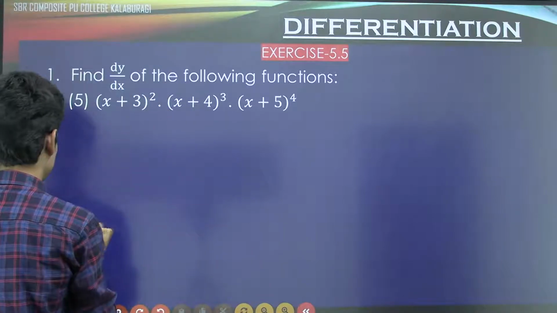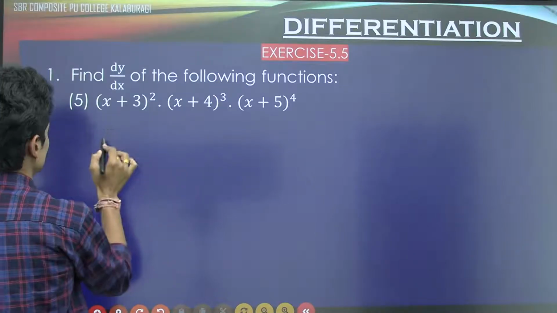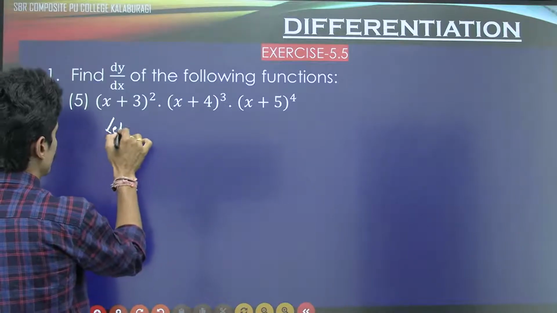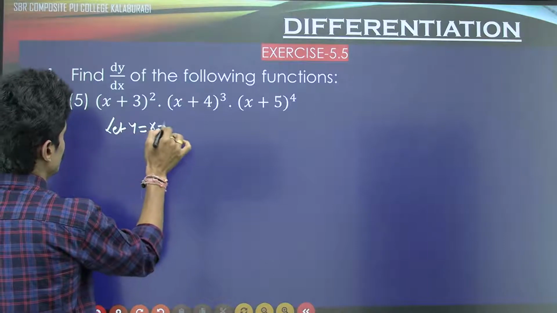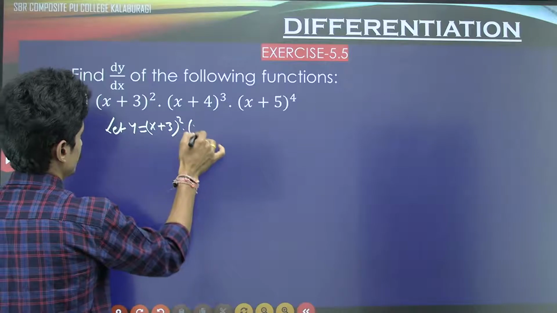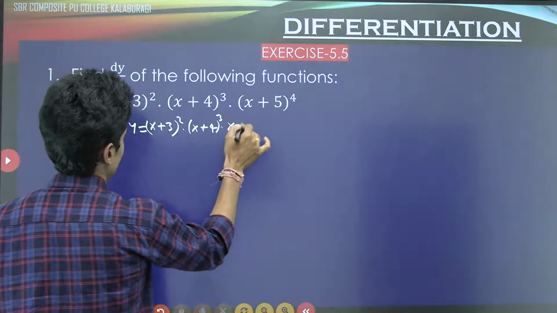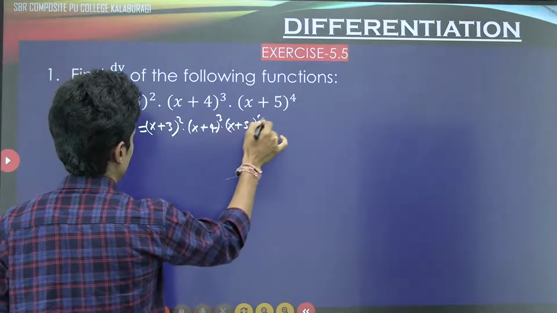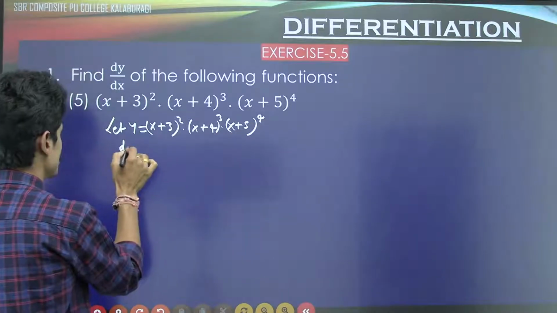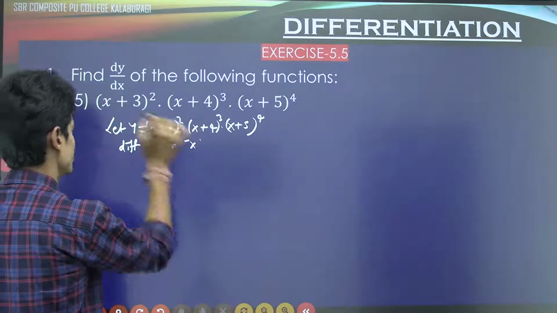Let us consider y is equal to x plus 3 whole square into x plus 4 whole cube into x plus 5 whole power 4. Differentiate with respect to x.